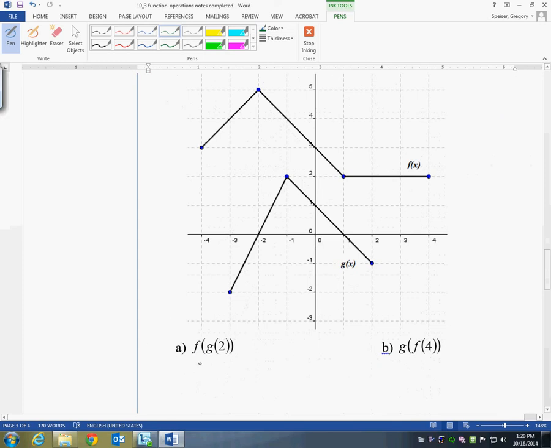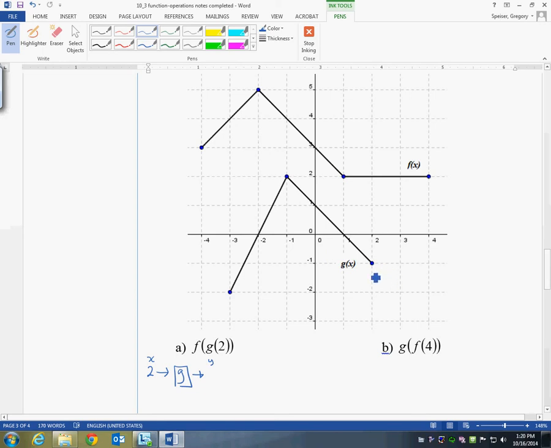In this first question, mentally, you're taking the 2 and plugging it into the g function, and something's going to come out. This is your x value, and what comes out is your y value from g. Looking at g, if my x value is 2, my y value is -1.